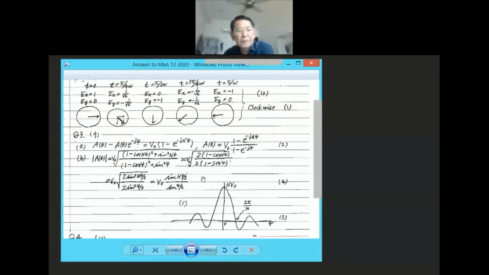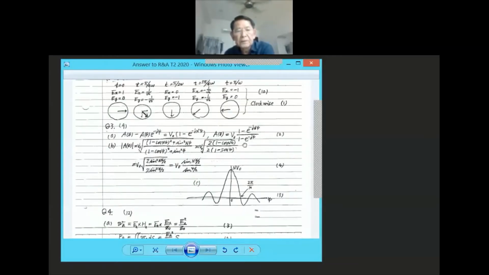So this 1 minus cosine phi is sine squared of half the angle. So finally the absolute value is expressed by this function.